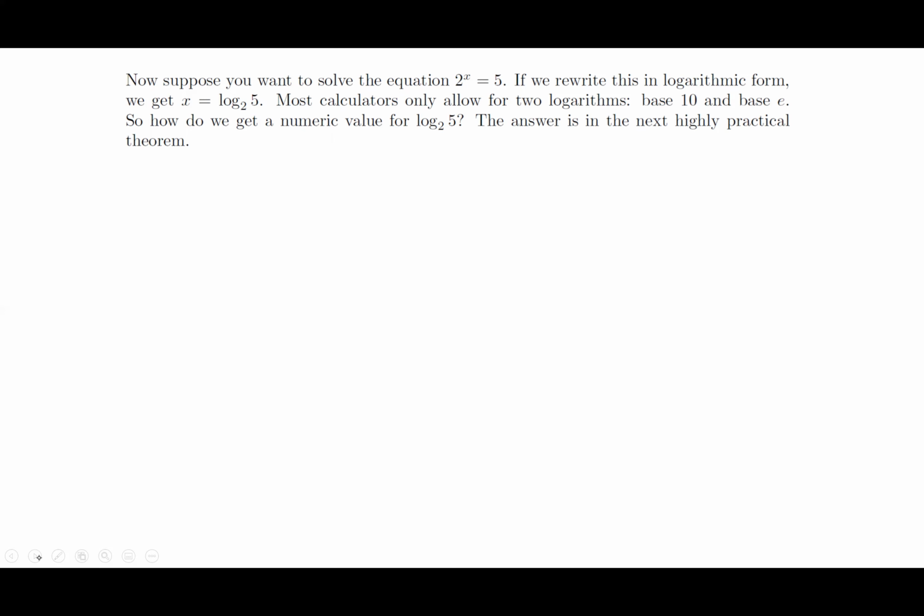But what happens is, well, let's see. I have 2 to the x equals 5. And so if I rewrite this in logarithmic form, I get x equals log base 2 of 5. Now, this is what's called an exact answer.